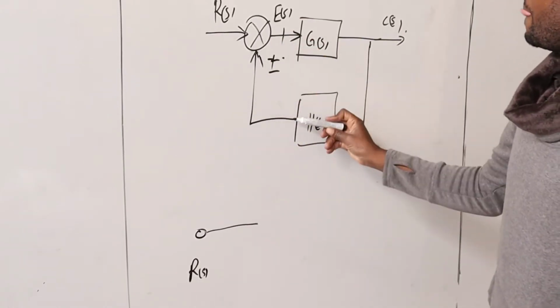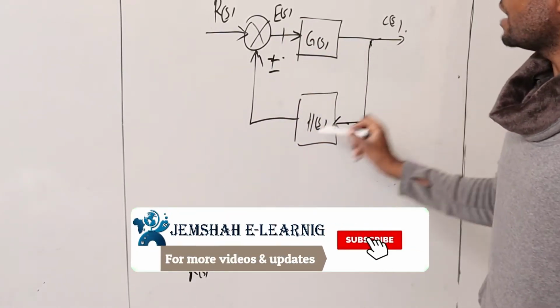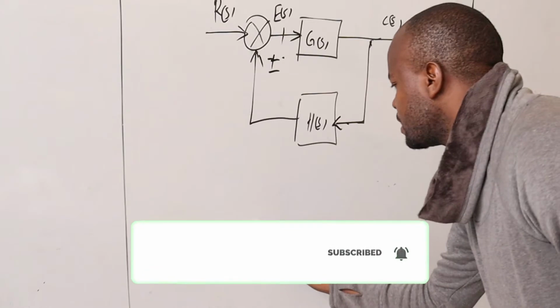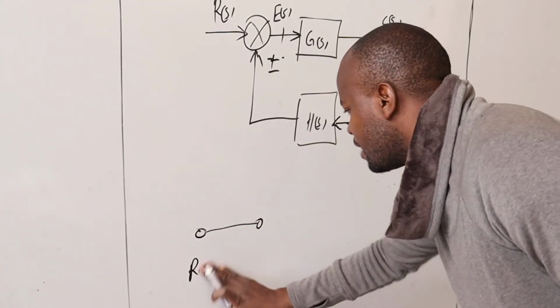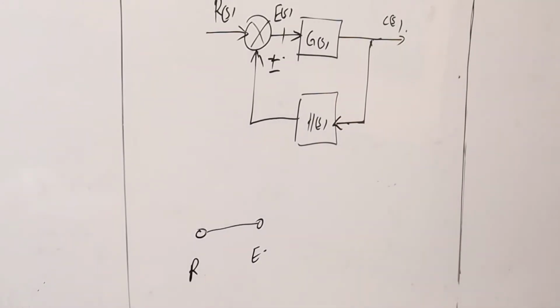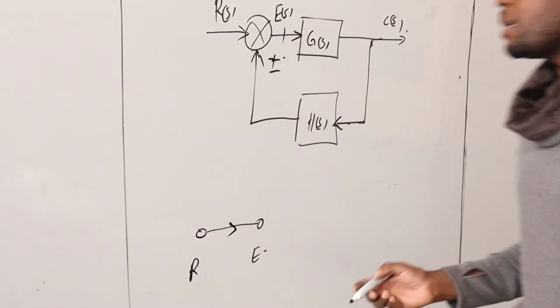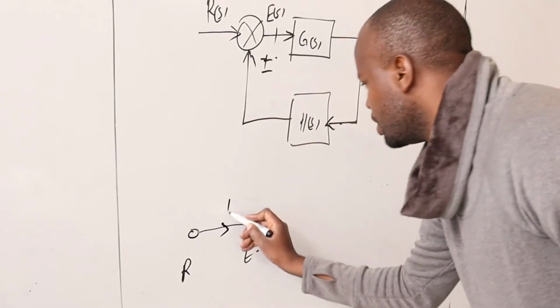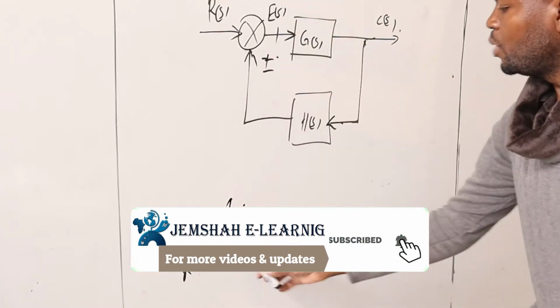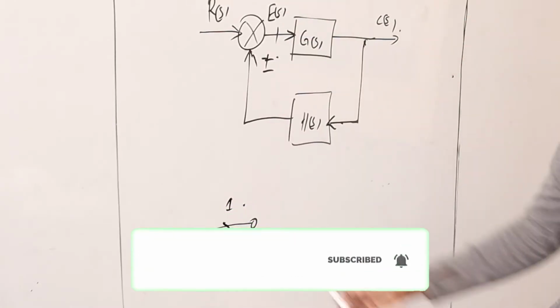There is some signal that comes from the output, and it is fed at that summation point, or the error detector, and therefore at that point we can call that one E. Later on we'll also see that a summing point usually has a transmittance of unity. Therefore, between the node R and E, we have a gain of 1.